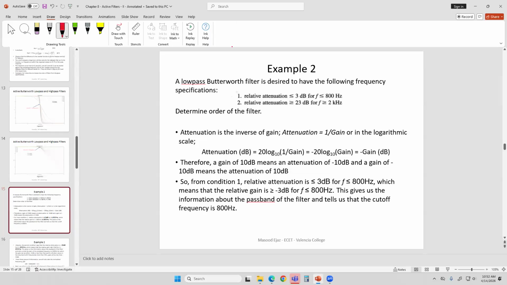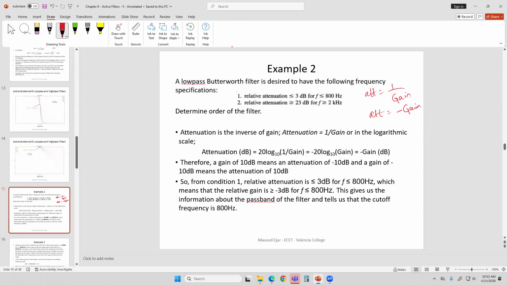Okay, attenuation, remember, is 1 over gain, the reciprocal of gain. In decibel, attenuation is negative the value of gain. When you put 20 log 10 of 1 over gain, 20 log 10 of 1 is 0, minus 20 log 10 of gain.